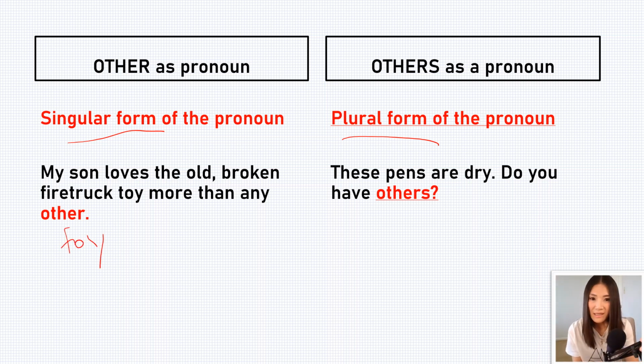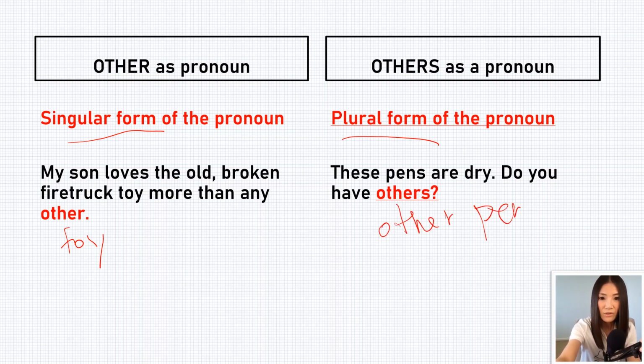On the right, it says, these pens are dry. Do you have others? Others is a substitute for other pens. So this difference between these two is very simple. One is used as a singular pronoun and the other one is used as a plural pronoun.